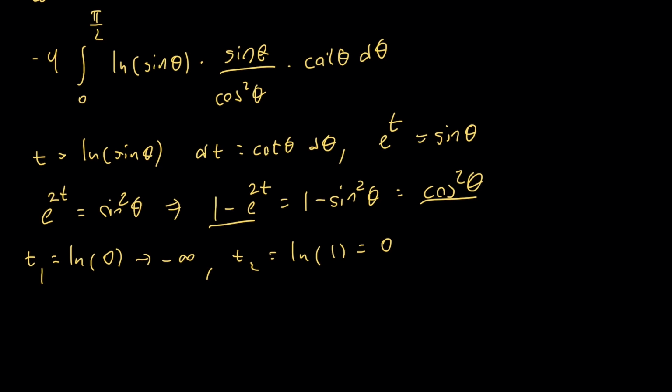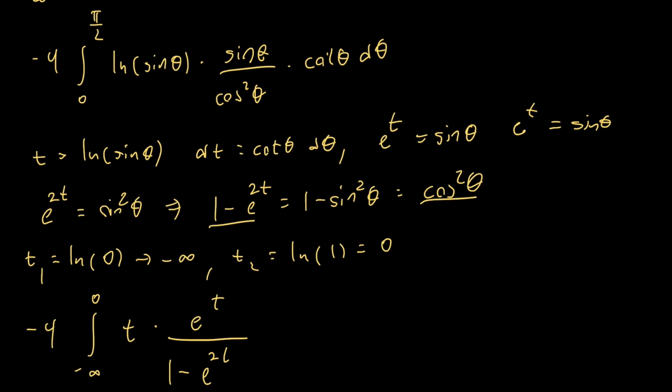So now using this setup, we have -4, the integral from -infinity to 0, t times sine theta, but that's going to be e to the t equals sine theta. So we have e to the t divided by 1 minus e to the 2t, and cotangent theta d theta is dt. So we have a dt now.